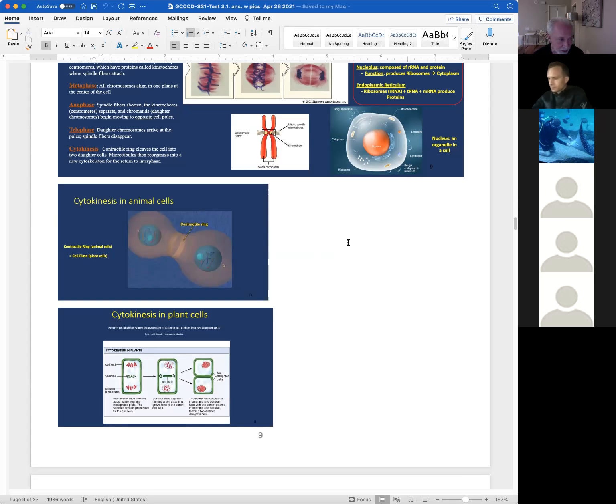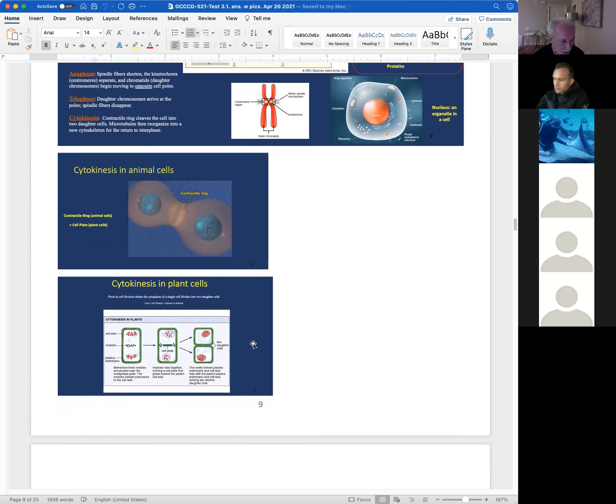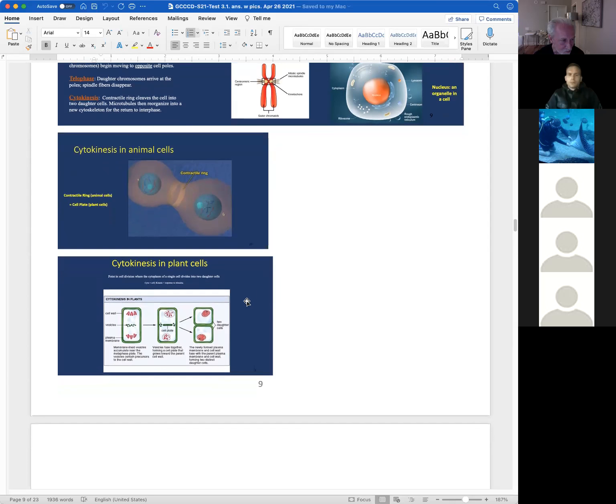This can't happen in plant cells because they have a wall. So what happens is that a new cell plate, a new wall, forms between the daughter cells and fuses with the wall, and it's only then that the cell can split into two daughter cells. So this is the answer to that final question that we'll come to later.